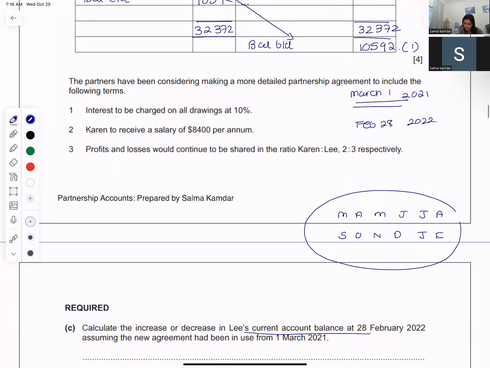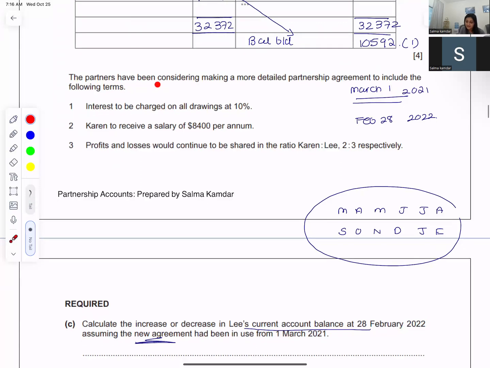So what is the new agreement that has been made? The partners have been considering to make a more detailed partnership agreement where they want to include the following terms. Interest is to be charged on all the drawings at 10%.